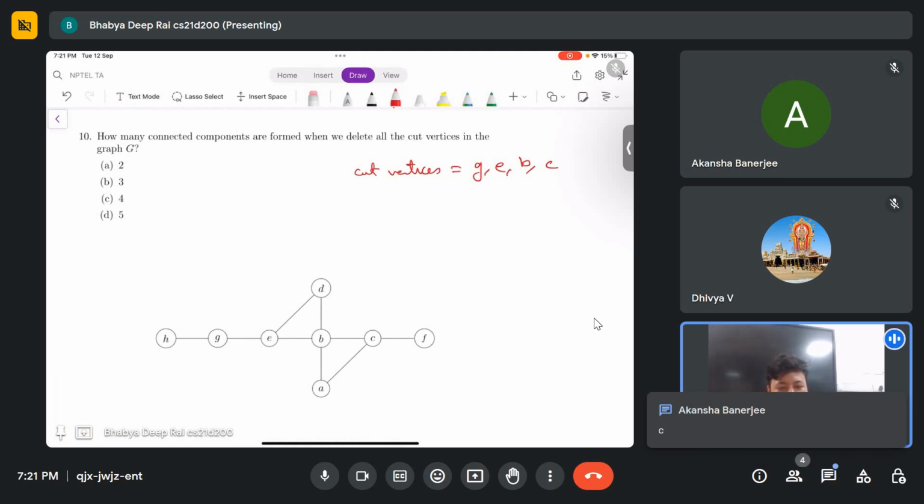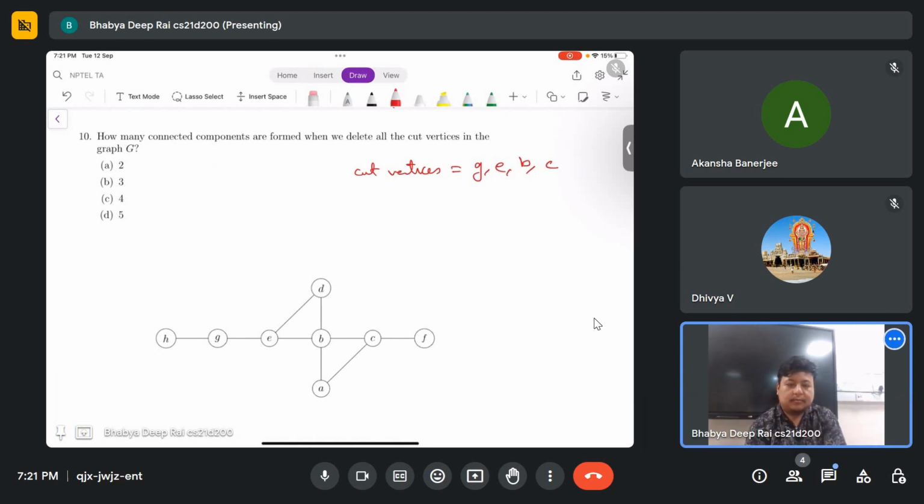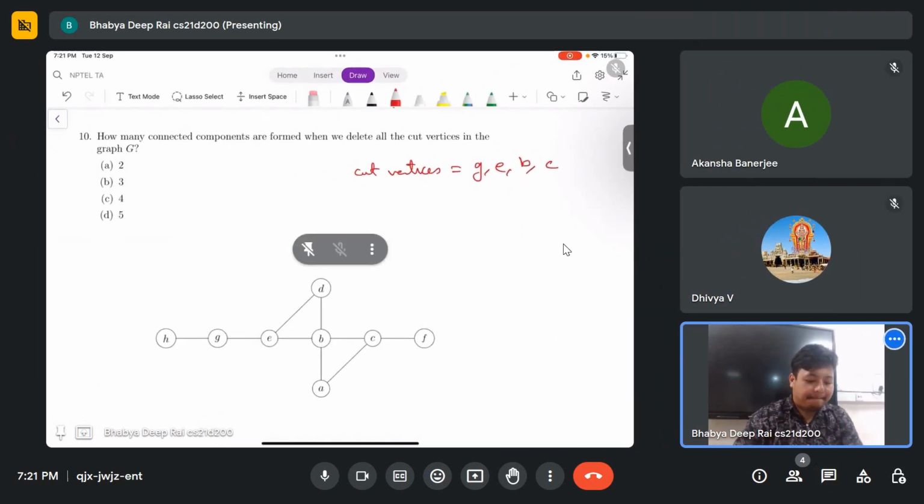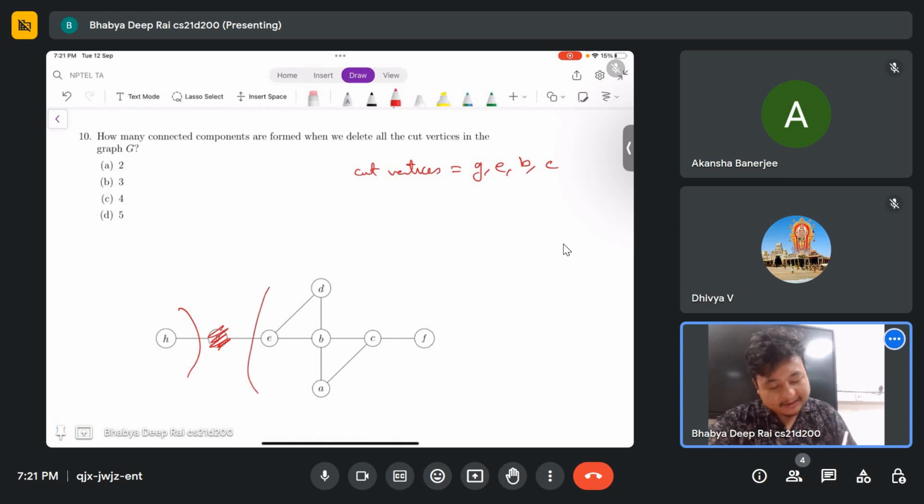Okay, Akanksha says C. Let's see. If I remove G, I get this component and this component.